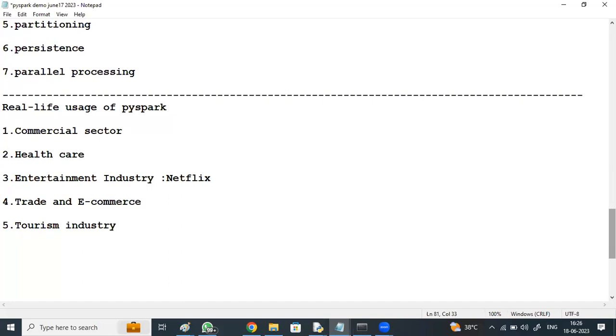Real-time processing means that whenever a fraud transaction happens, then and there you identify it. With batch processing, at the end you just come to know that some fraud transactions have happened.